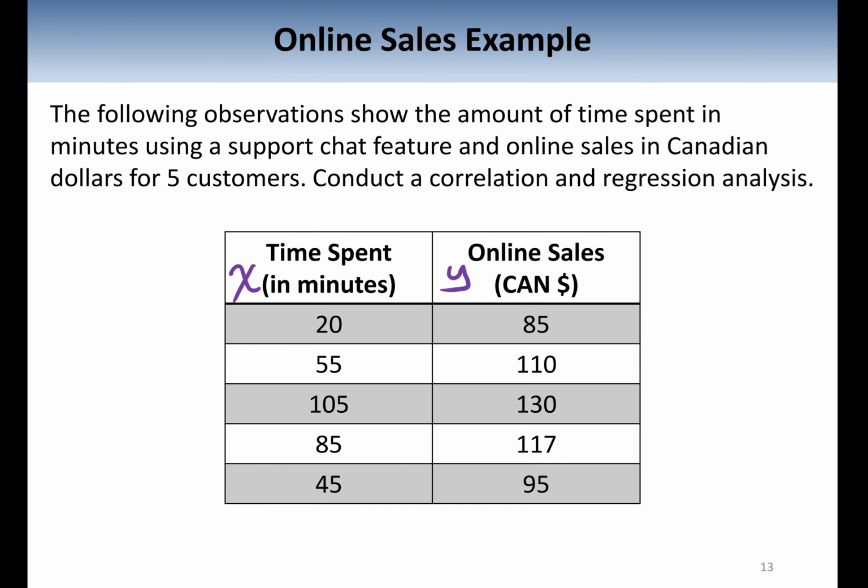So the first thing you want to do is make sure we do in fact have a linear relationship. And so I have gone ahead and plotted this. I'll show you in just a moment. But if you look carefully, because we only have 5 points, we can see that as the time spent increases, so do the online sales. So we can see here we have a positive relationship between X and Y, and maybe strong.